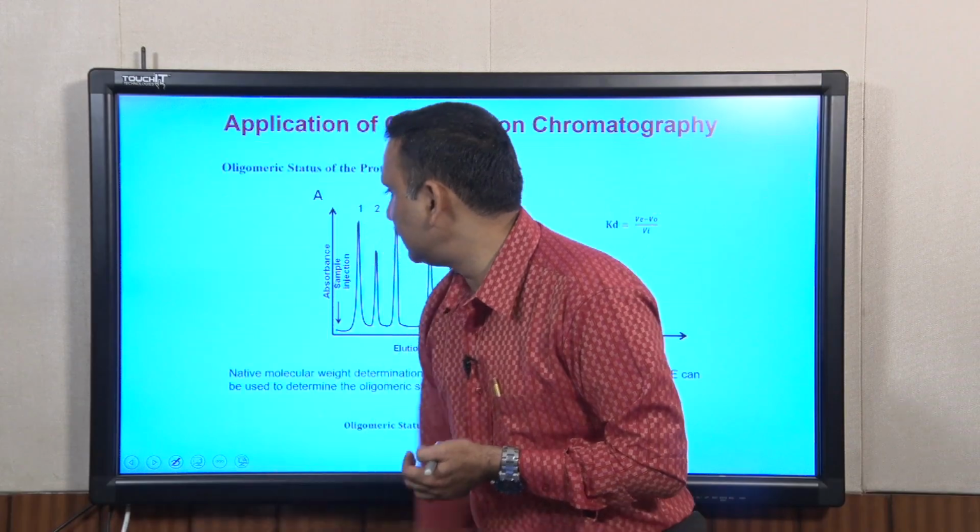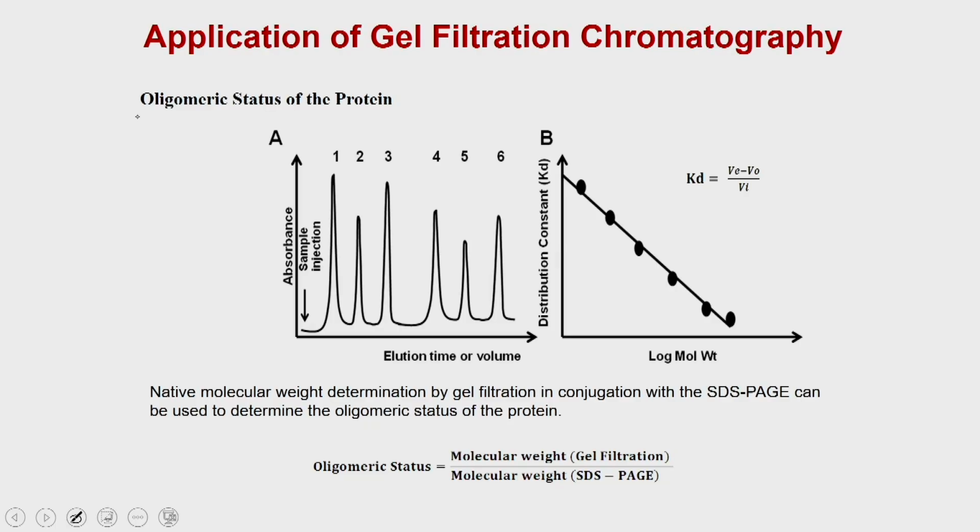Now, once you have calculated the molecular weight, you can also calculate the oligomeric status of the protein. What is meant by oligomeric status is whether it is one monomer, which means one particular chain is part of the protein, or two chains are attached to each other.